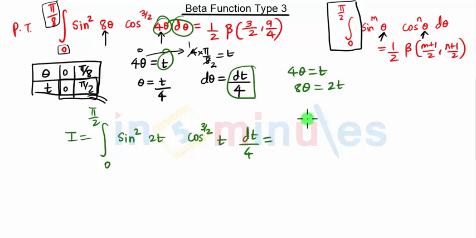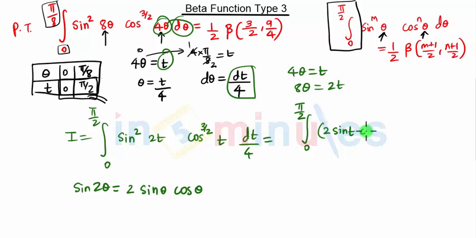So we get integration of 0 to pi by 2 sine square 2 theta. What is sine 2 theta? Sine 2 theta is nothing but 2 sine theta into cos theta. So instead of sine 2t, we are going to write 2 sine t into cos t the whole square into cos raised to 3 by 2t dt.